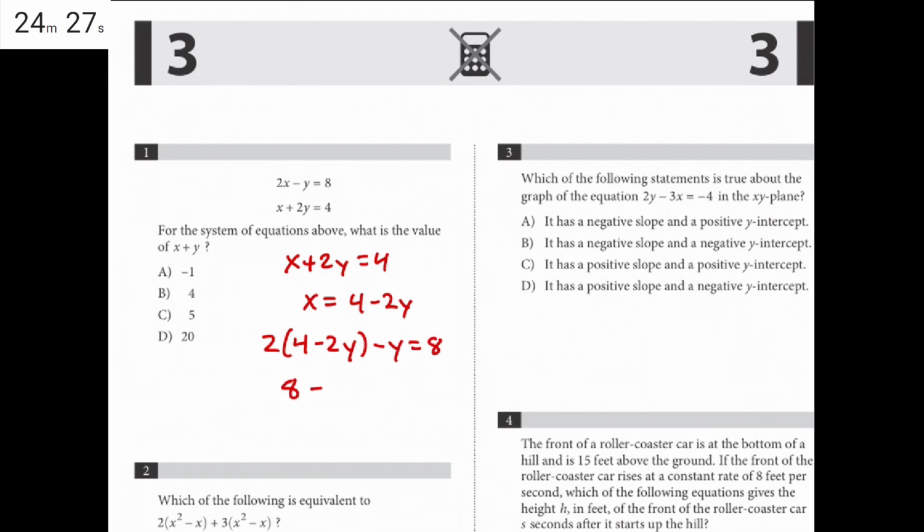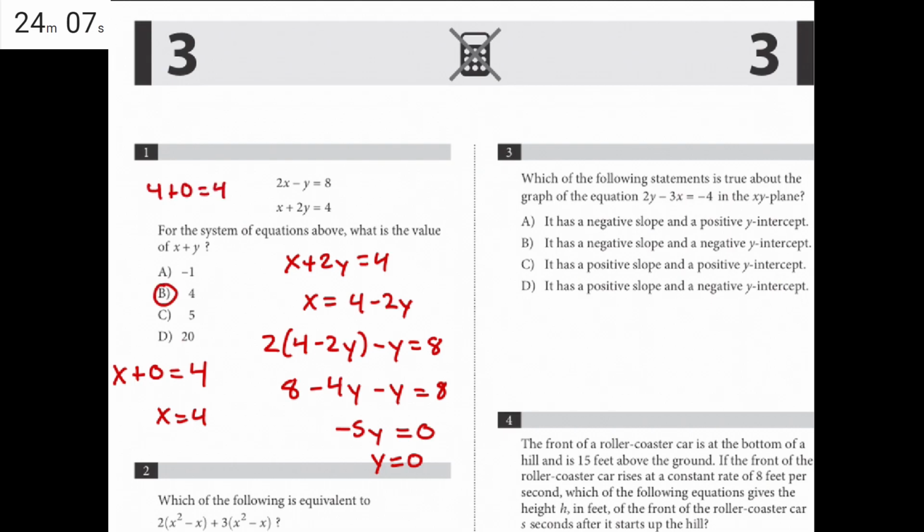Then we're going to get 8 minus 4y minus y equals 8. Minus 5y equals 0. y must equal 0. If y equals 0, then we plug that back in, and we get x plus 0 equals 4, so x equals 4. And so x plus y is going to equal 4 plus 0, which is equal to 4, which is B.